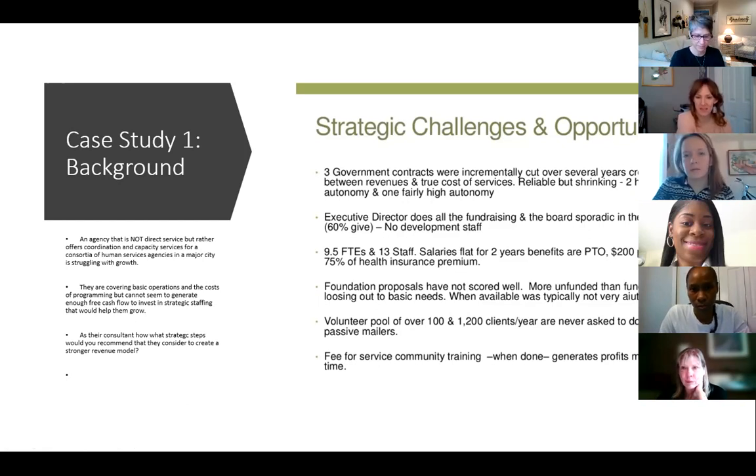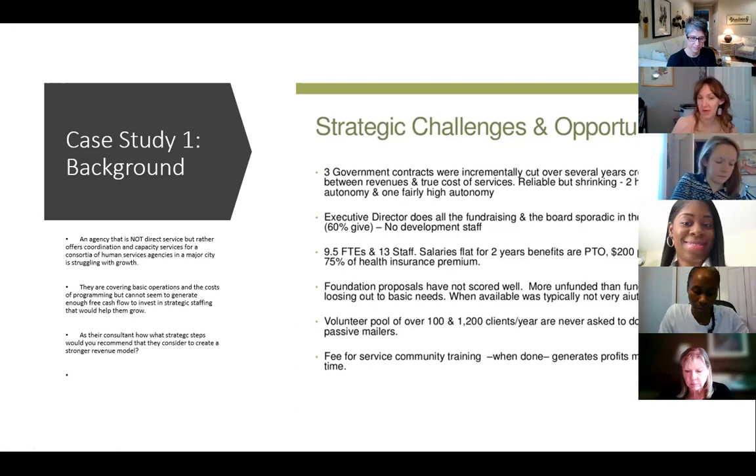My first thought is it seems like they need a person on staff who has more focus on development. If the funding proposals are not doing well and there are very limited direct asks, it seems like that might need to be added to someone's job.